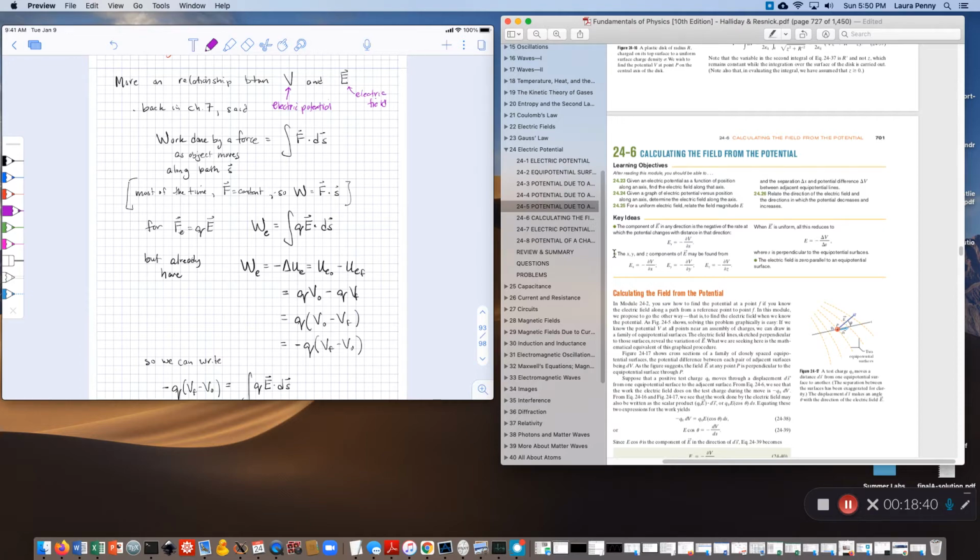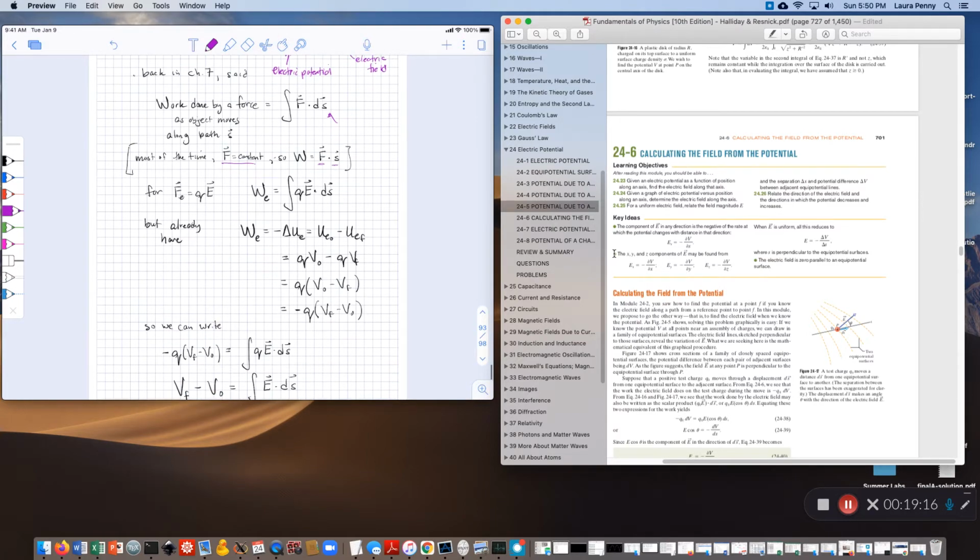Back in chapter 7, when we first defined work, the work done by a force as an object moves along some path S is actually this integration. But most of the time, our F was constant. And so we could bring it out of the integral, and we just ended up with the work being essentially the dot product between the force and the displacement, where the displacement is S here.